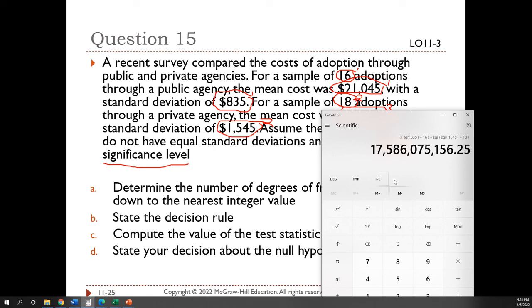Next, after we've done that, we get to divide by our standard deviation. So again, 835 squared. I don't think it's squared.